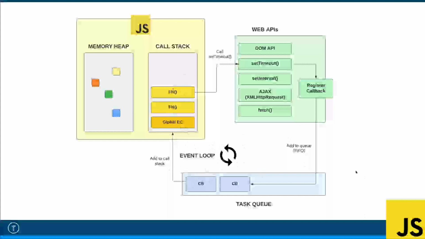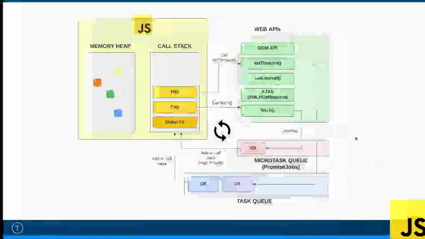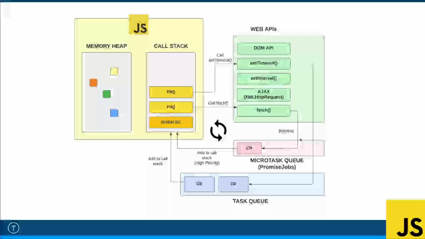Now, in addition to callbacks, we also have promises to work with asynchronous data. I'm going to talk about promises and show you how to create them and what the syntax is like in a little bit. But here I just want to show you that they work a little bit differently under the hood. The fetch API is an example of an API that uses promises over callbacks.